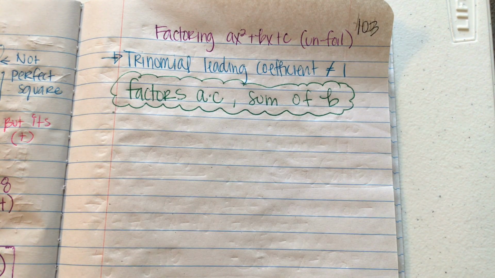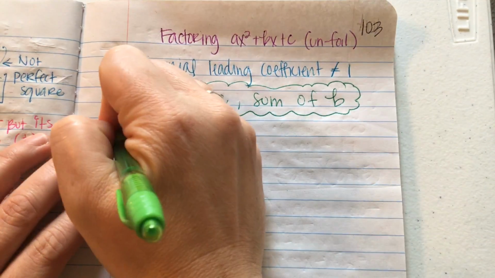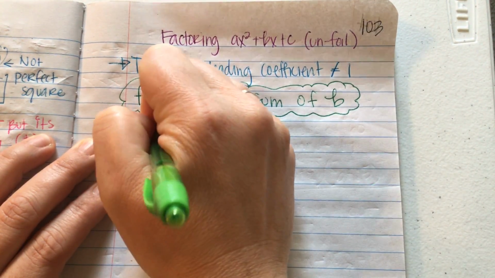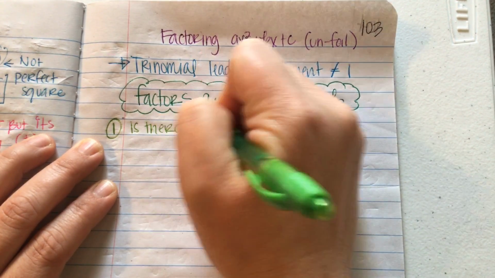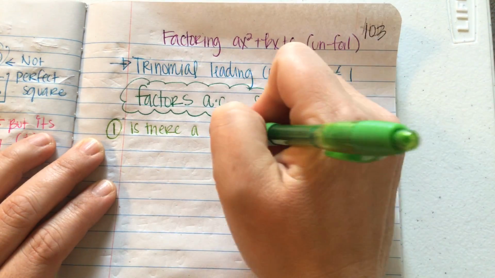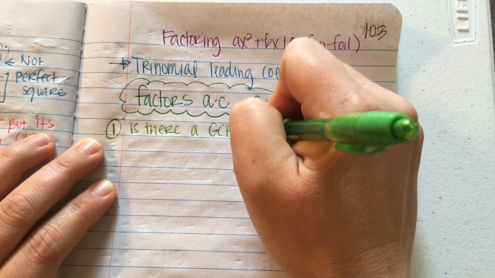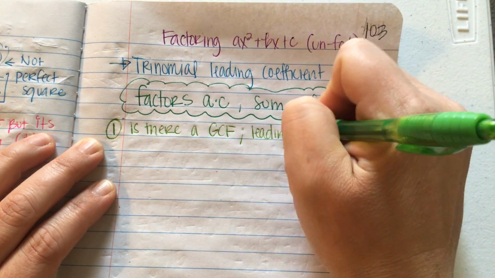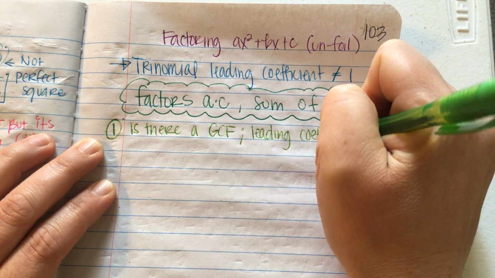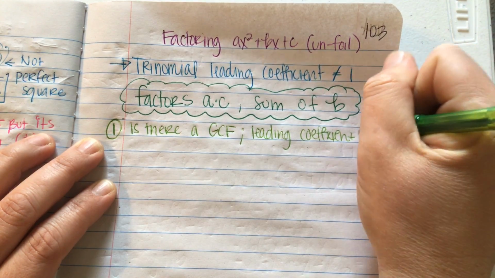So we have some questions to ask ourselves. Question number 1 that we always need to ask: is there a GCF, or is the leading coefficient negative?